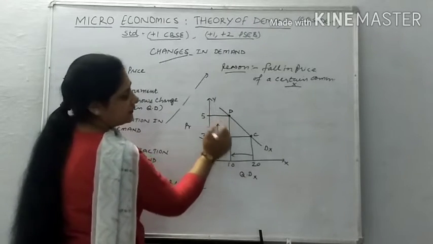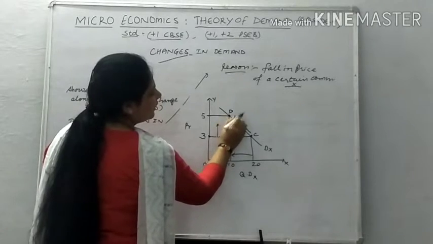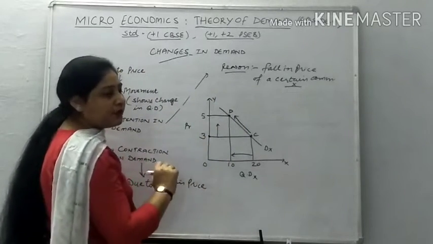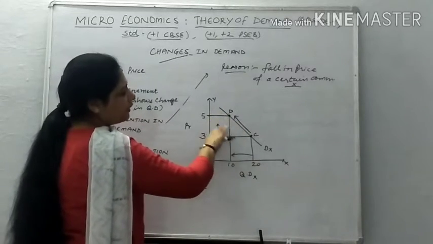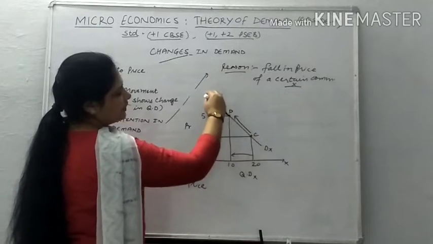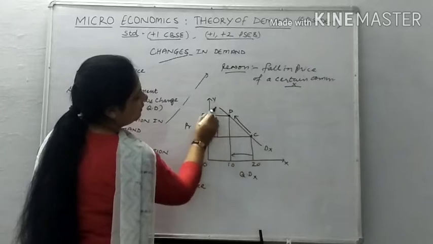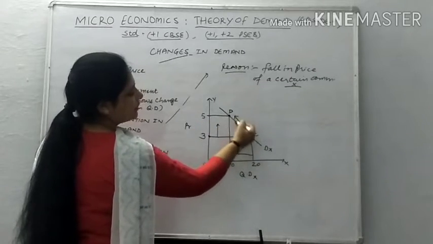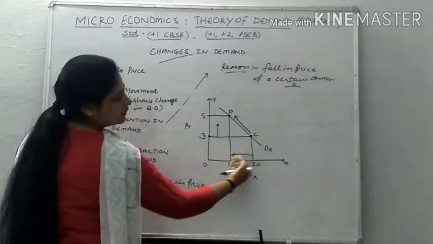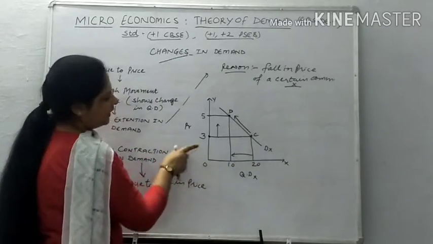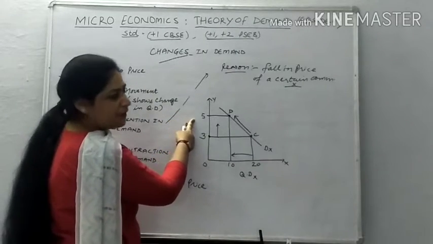Point D indicates it, and point C shifts to point D, and we show it through an upward arrow. This particular arrow shows a change along the demand curve. Along the same demand curve, this arrow shows a change, and this change shows contraction itself at rise in price from 3 rupees to 5 rupees per piece.